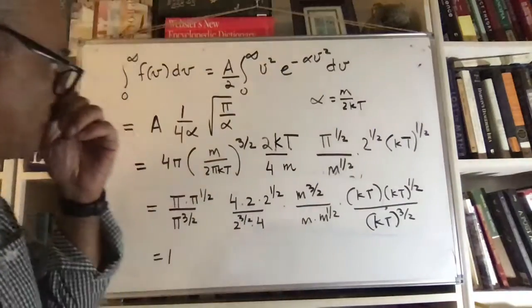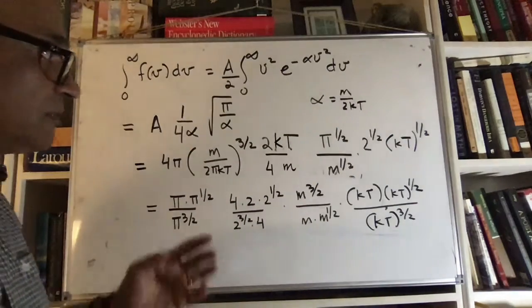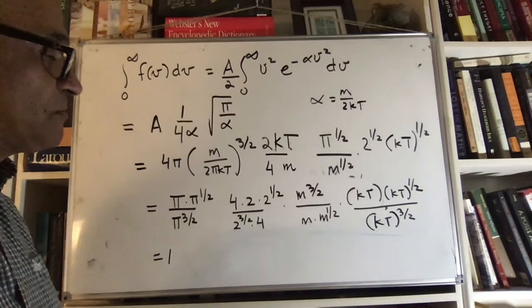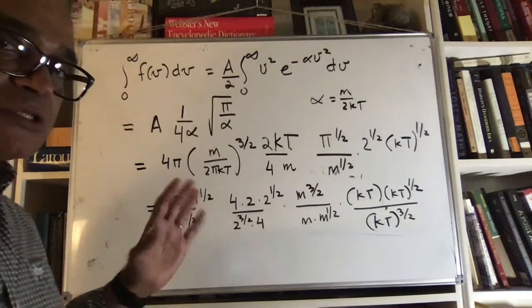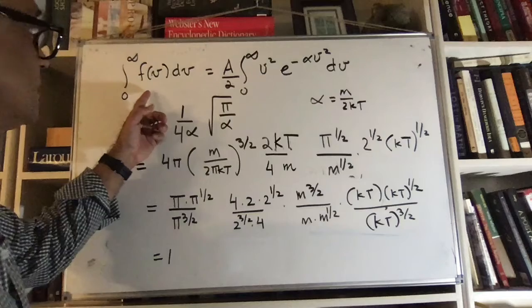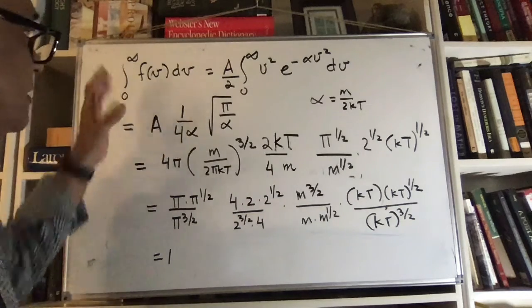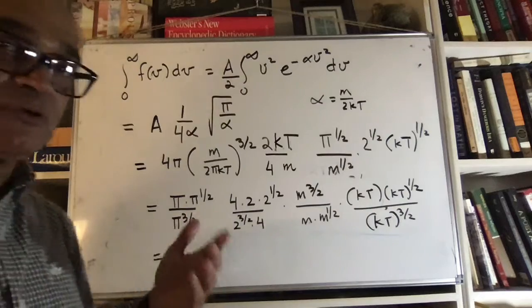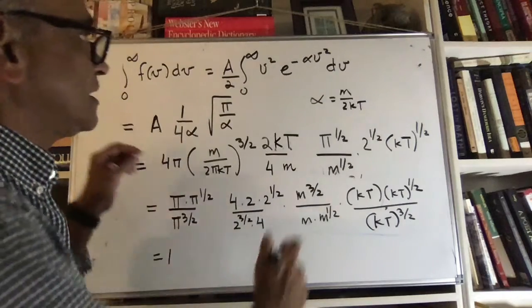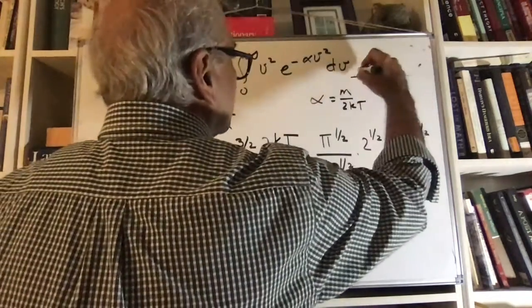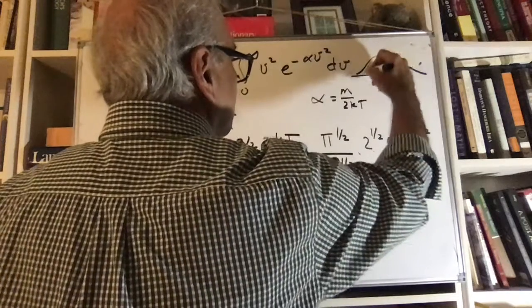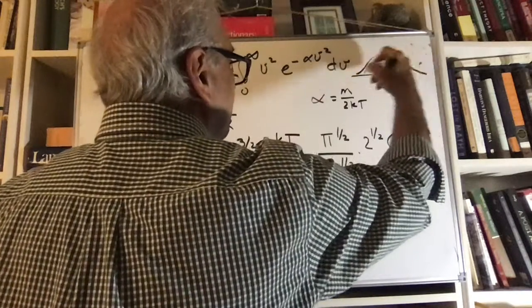All right, so here we are at the very last part of our velocity distribution calculations. Here we are looking at the entire distribution, and we are integrating from 0 to infinity. Basically, we are integrating over all velocities that are possible.